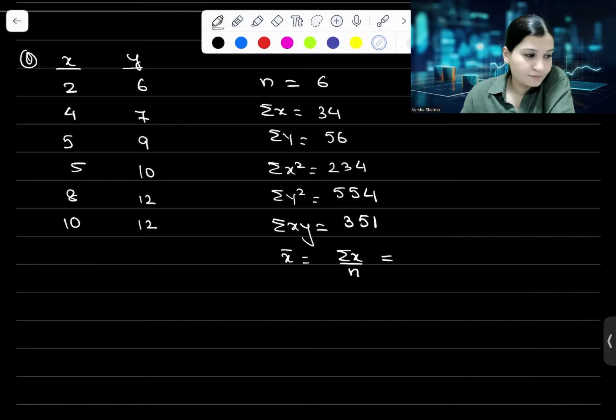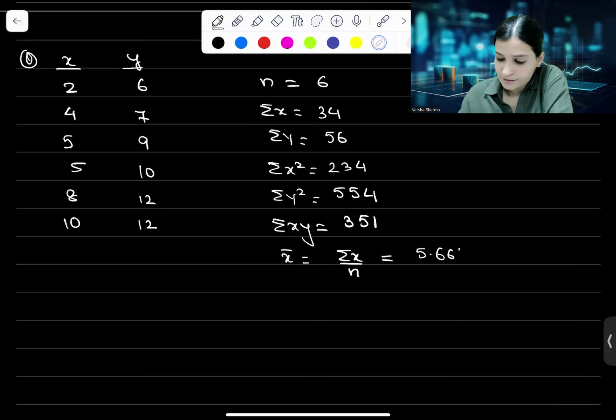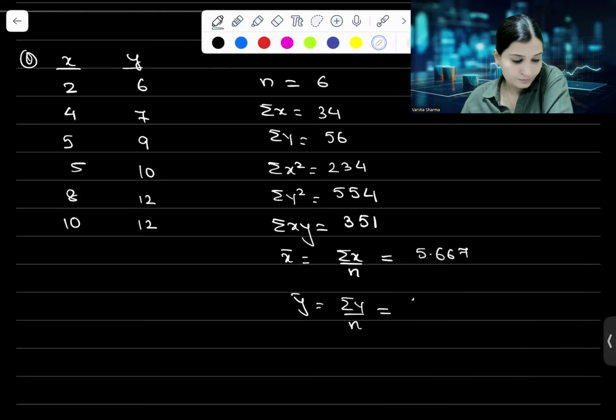Summation x by n: 5.667. Y bar: 9.333. If the digit after is more than 5, then it increases. If it is less than 5, it just gets ignored. Till here, everyone done?